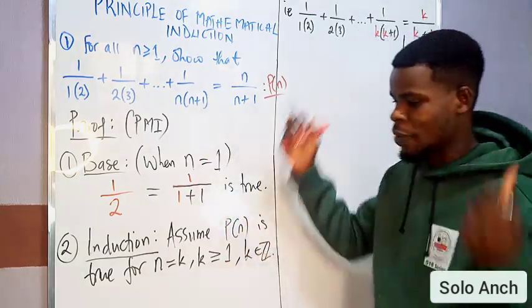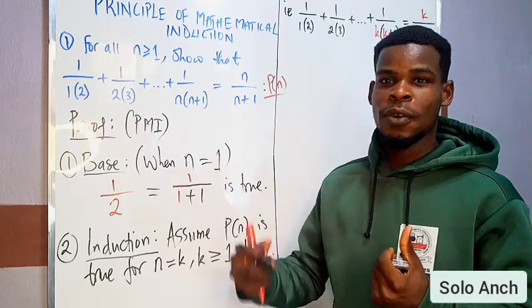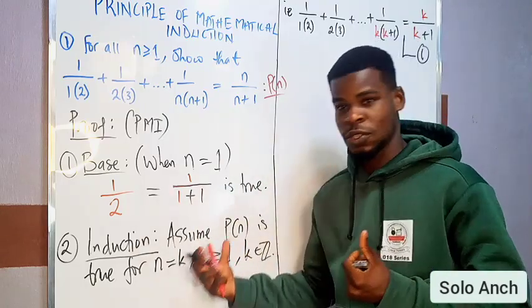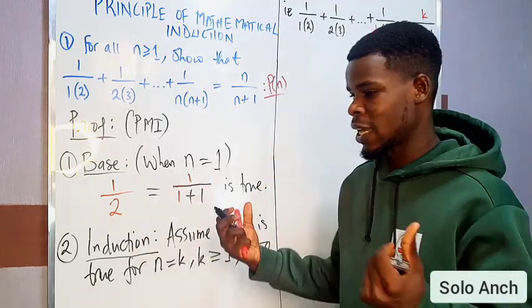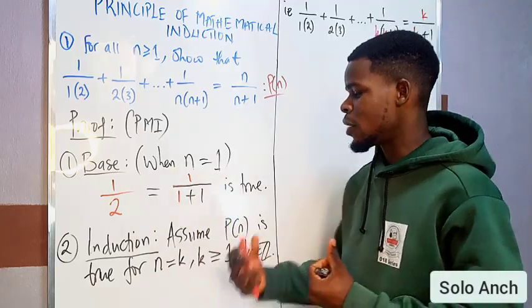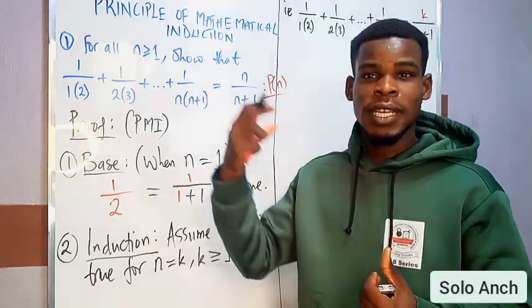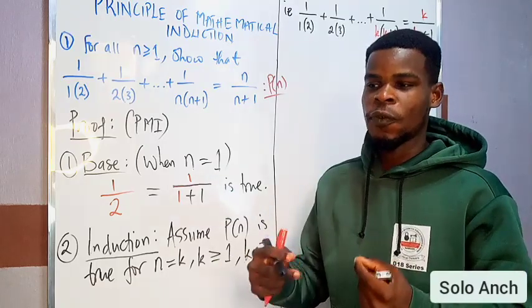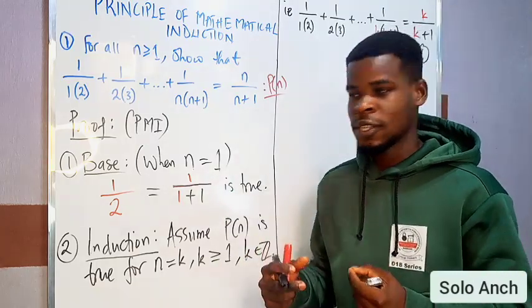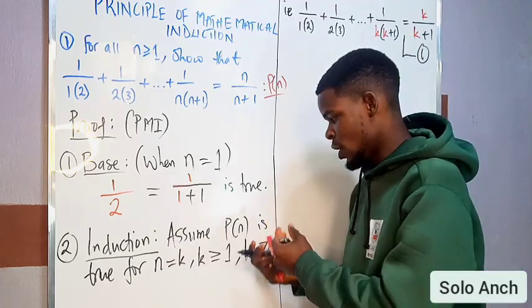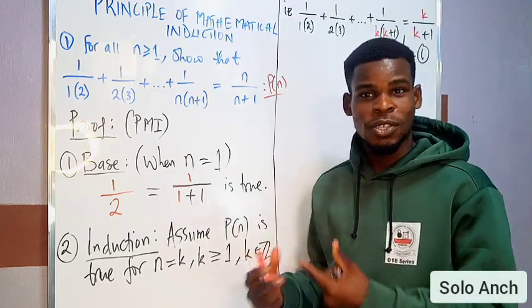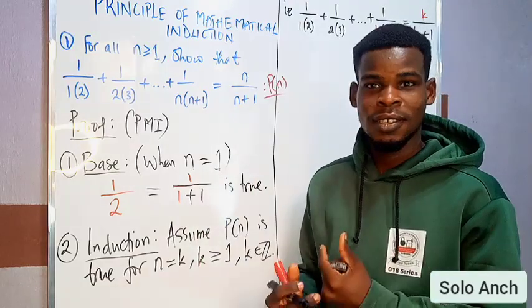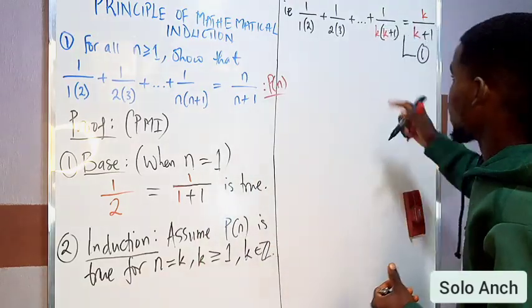So we just choose an arbitrary natural number k, and then we assume that it's true for that arbitrary natural number, where k can be even 99, and then we now check whether it's true for the next one. Right? If that is true, it means that it will always be true for every positive integer, because we just showed it for an arbitrary one, so it's true for each positive integer, right? So that's what we're going to be doing.